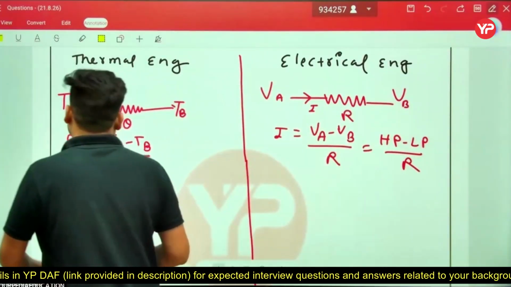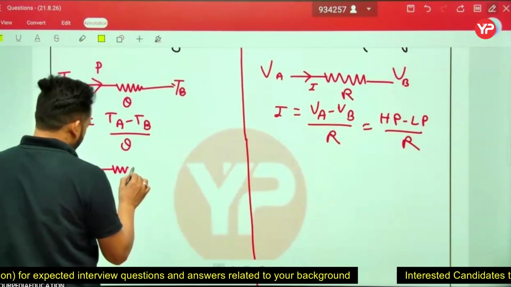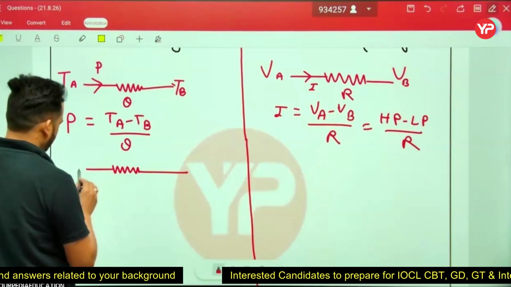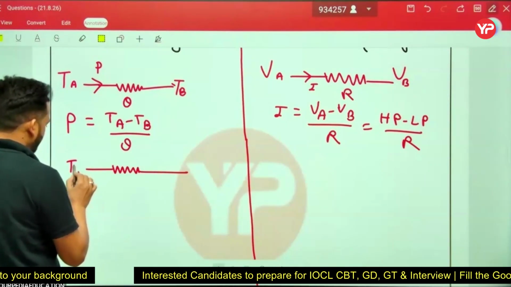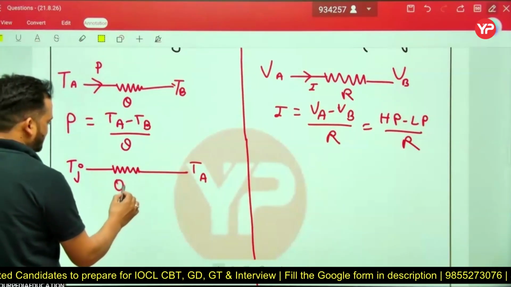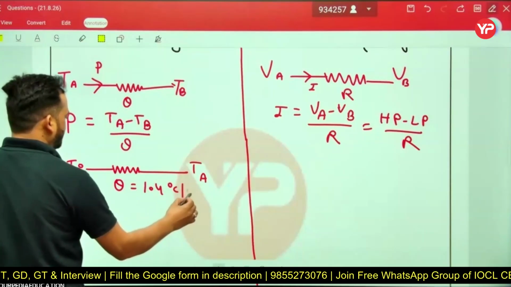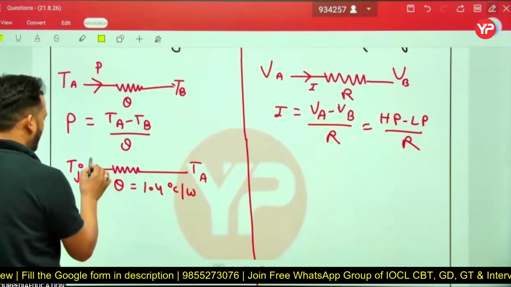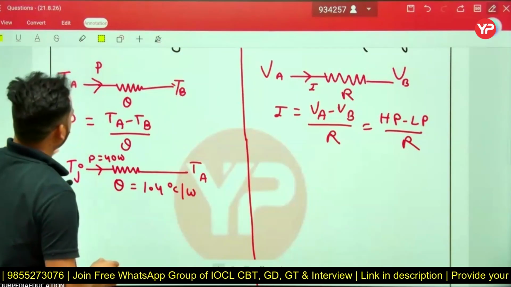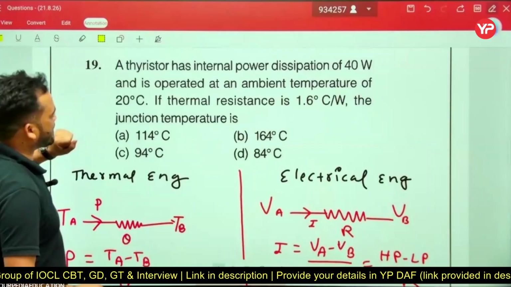Now, in the given question, this is the junction temperature and this is the ambient temperature. Theta is given as 1.4 degree centigrade per watt, the power is 40 watt, and the ambient temperature is 20 degree centigrade.